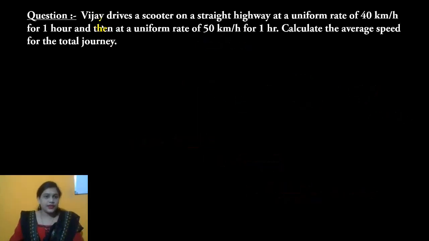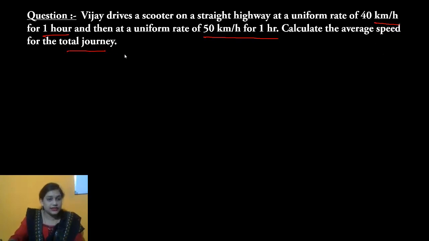Next question. Vijay drives a scooter on a straight highway at a uniform rate of 40 km per hour for 1 hour, then at a uniform rate of 50 km per hour for 1 hour. Calculate the average speed of the total journey. Very nice question. Different types of approaches are there.